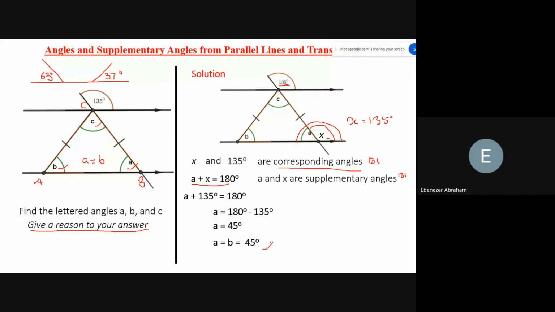So if you know your A, you know your B. Then we need the C. If you want to state the reason, the sum of interior angles of a triangle is 180 degrees. You need to give your reason. So you do your simple substitution, and you get your C to be 90 degrees.